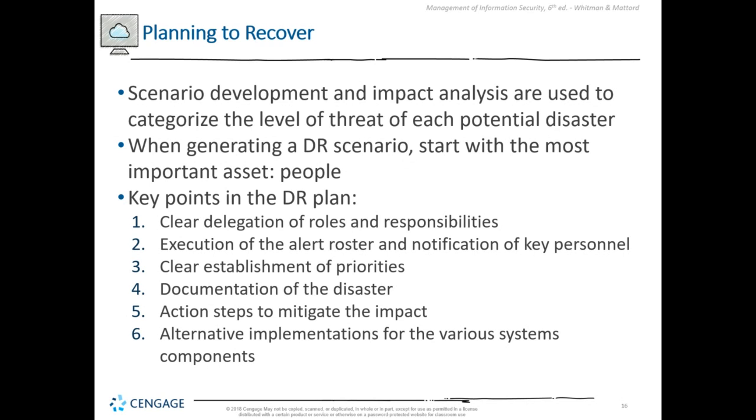Some key points in a disaster recovery plan are to have clear delegation of roles and responsibilities. People need to know who's in charge of what and what they are responsible for having done. Execution of the alert roster and notification of key personnel, clear establishment of priorities, documentation of the disaster, procedures for that, the action steps to mitigate the impact of the disaster on the operations of the organization, and then alternative implementations of the various system components, if the primary version should be unavailable.